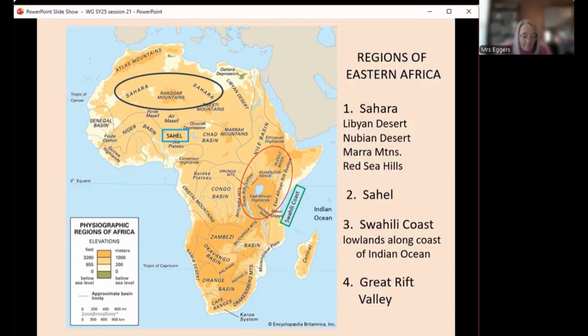But our book says that the Great Rift Valley, which I circled right here, is the key physical feature of East Africa. So we're going to look at that for just a few minutes.